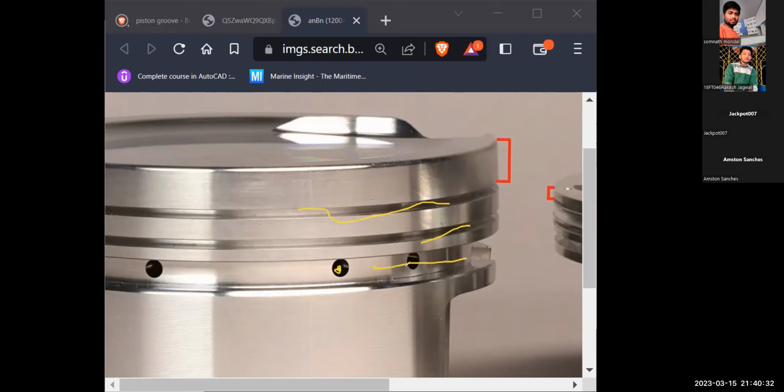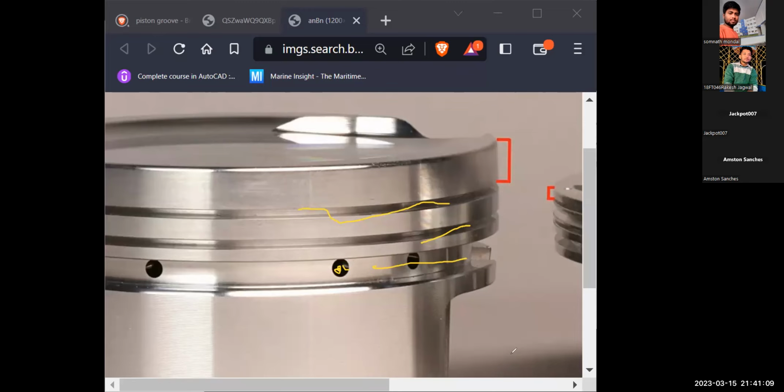The holes are there to get lubricating oil from beneath, which spreads the lube oil evenly.